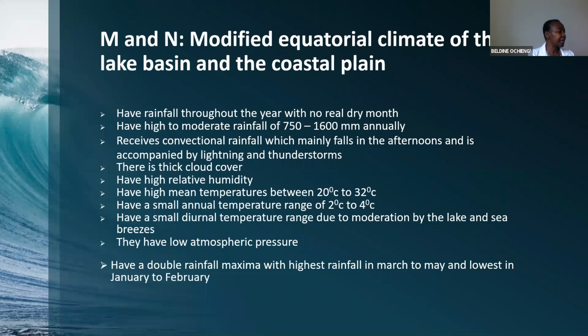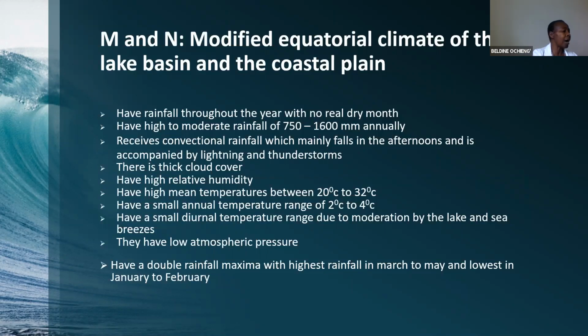Then have a small diurnal temperature range due to modification by the lake and the sea, by the water, the sea breezes will give us modification of the climate. Therefore, it is small diurnal temperature range. That is daily. The highest, the lowest in a day, that is 24 hours, then you will go for the word small.